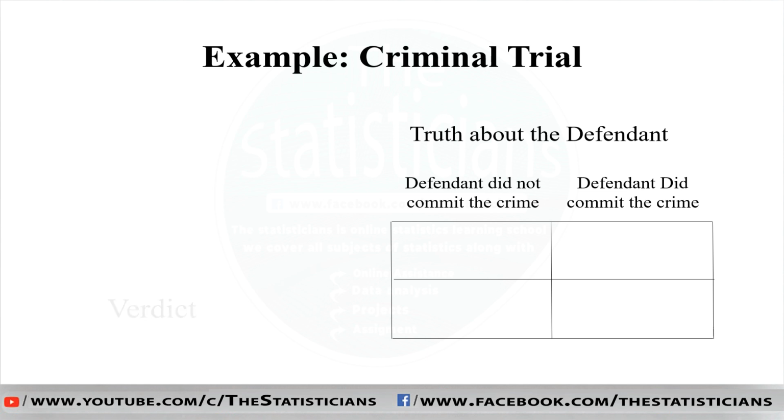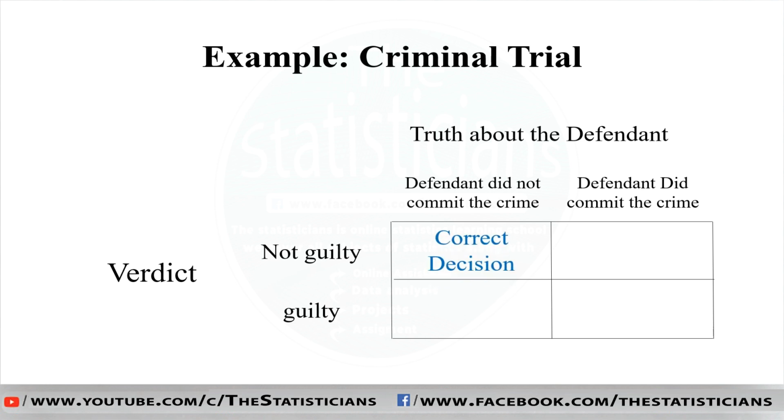Over here, the jury is going to make a verdict based on the evidence presented, either not guilty or guilty. If the defendant did not commit the crime and the jury finds the defendant not guilty, that was the correct verdict. If the defendant did commit the crime and the jury finds the defendant guilty, again that's the correct verdict.